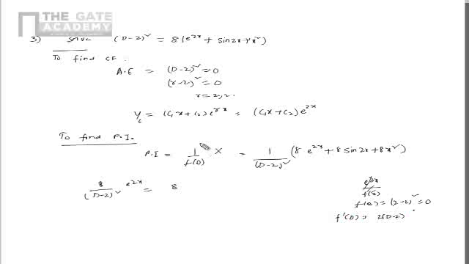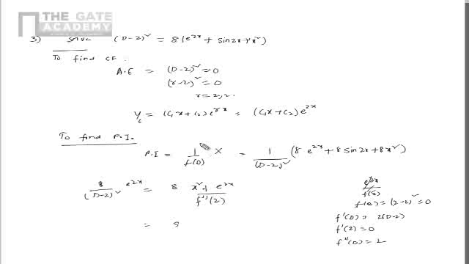Now here also f dash of 2 will be 0, so again I have to use f double dash of D, which is 2. So this will be 8 x square e power 2x divided by f double dash of 2.